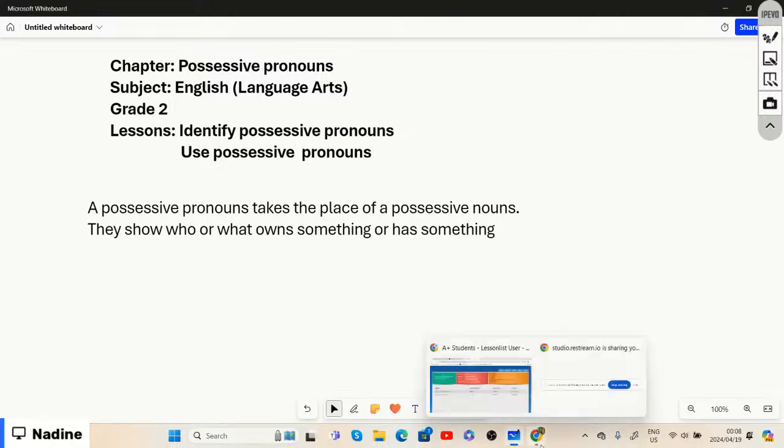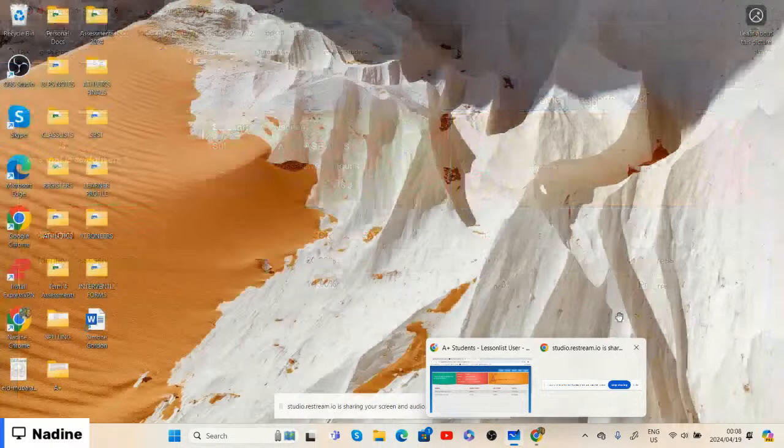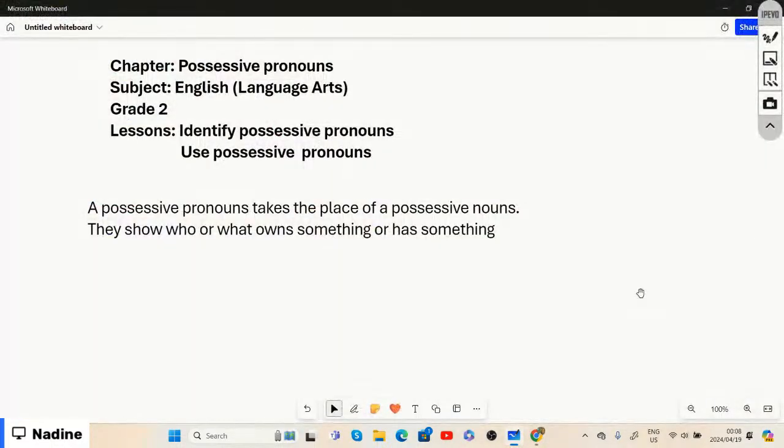All right. And like I say, it can be: it is your bag, my bag, it is mine, it is yours. Those can be our possessive pronouns. And we're going to find out more about that by going to aplusstudents.ca.